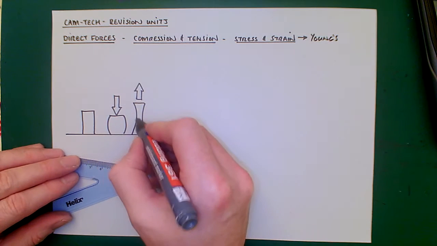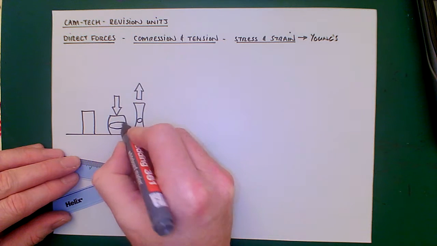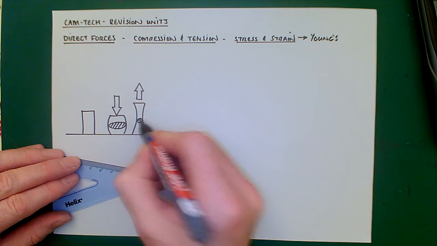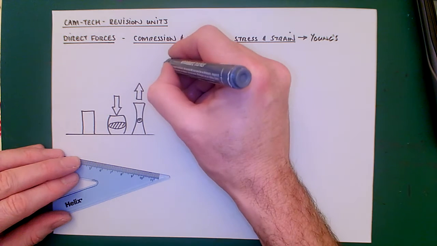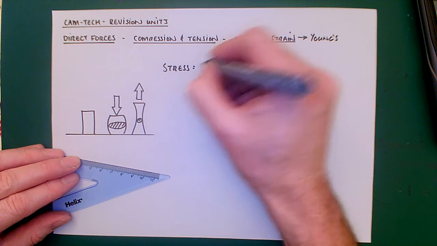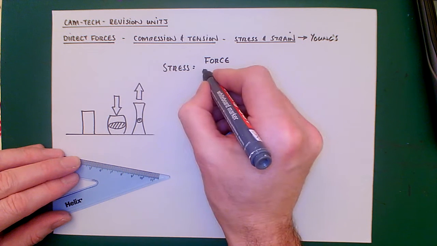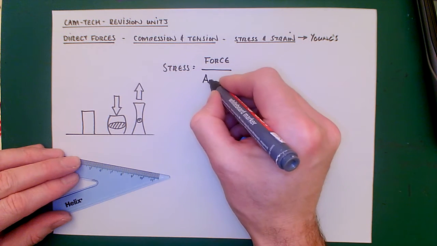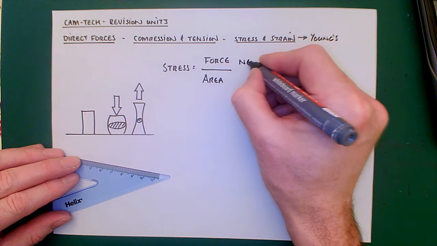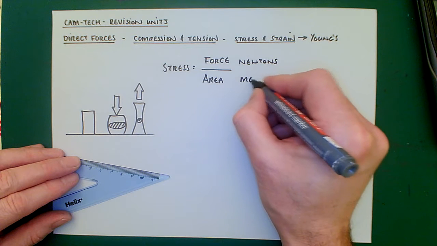The stress of the material, or how the material is being stressed, acts and is measured as part of its cross-sectional area. So we talk about stress being the force that's shared over the area involved, where the force is in newtons and the area is in meters.